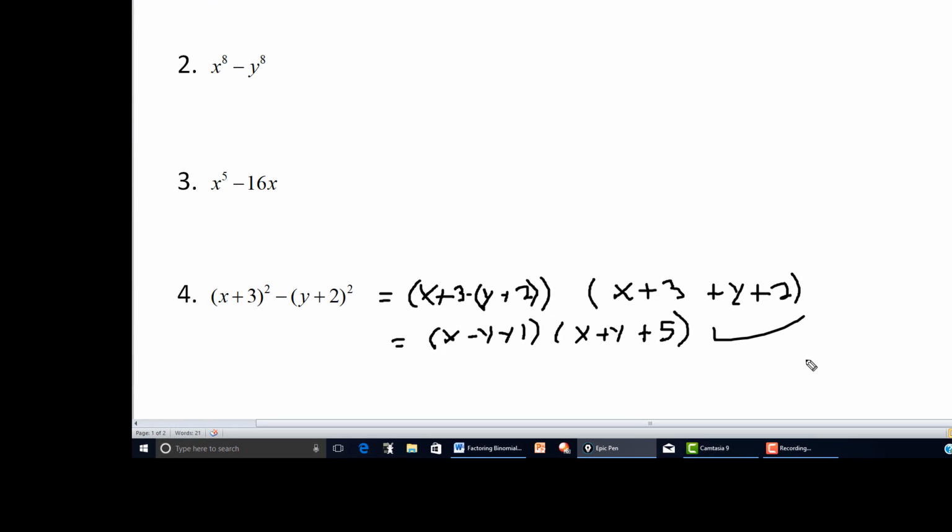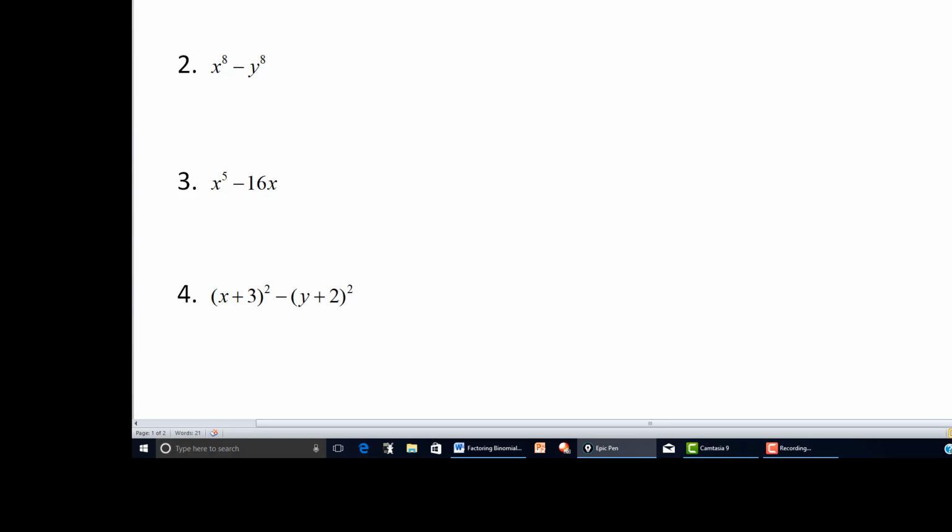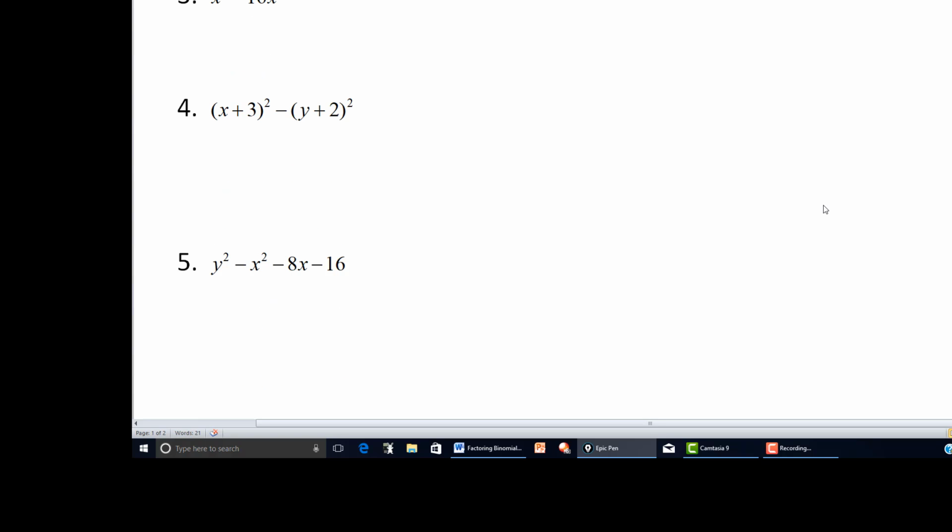Right there. Okay, clear this. And then the last one, again, you look at that and you say, well, that's not a binomial because it has 4 terms.